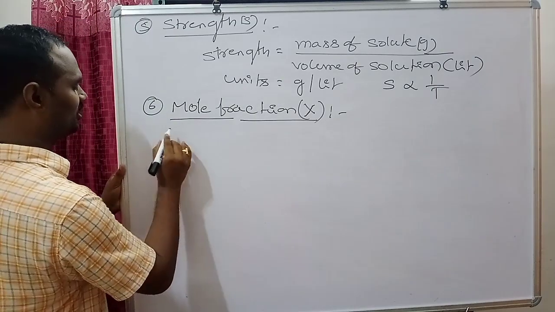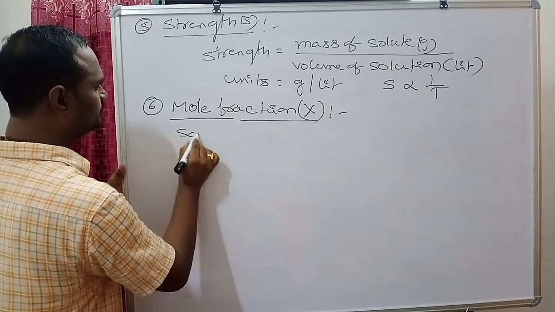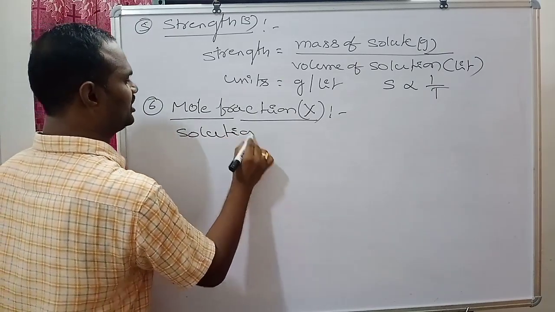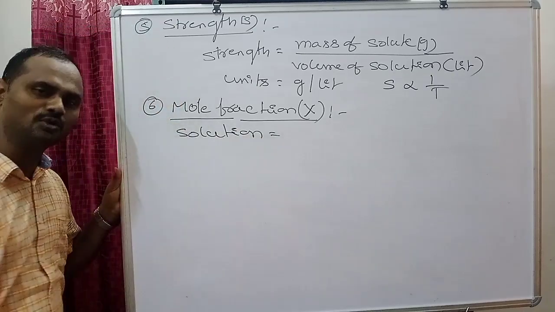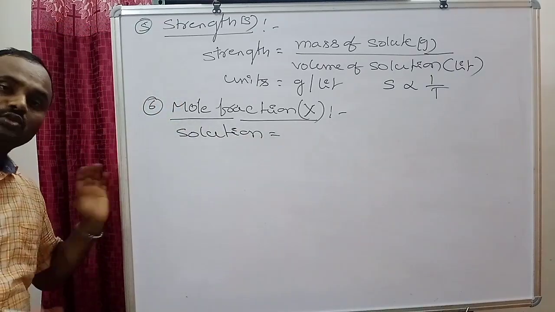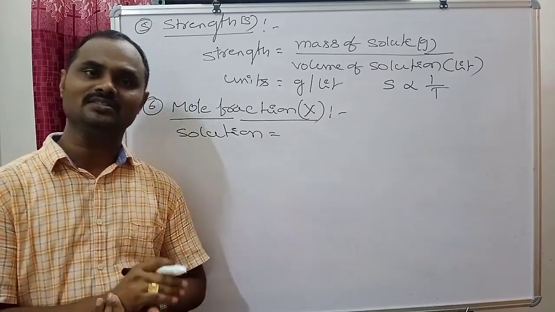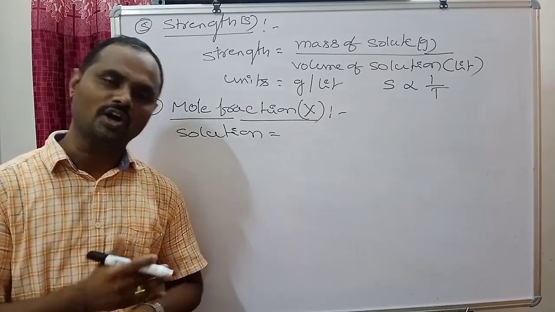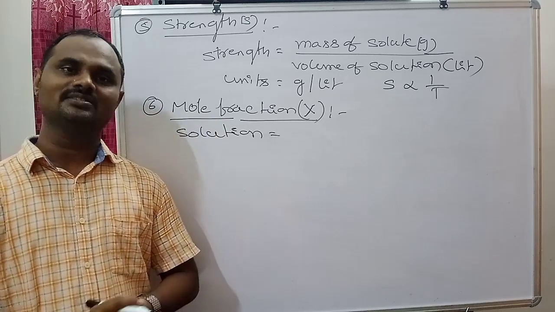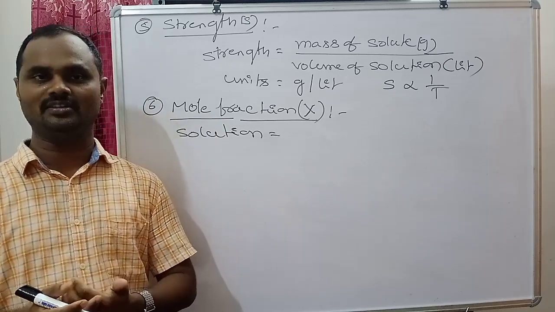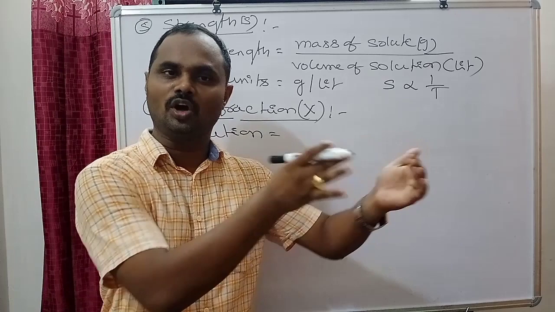Suppose I take one solution. In general, it has solute plus solvent, two components, two substances. One is solute, another is solvent. If more than two components are present, then instead of solute and solvent we take component 1, component 2, component 3, like that.